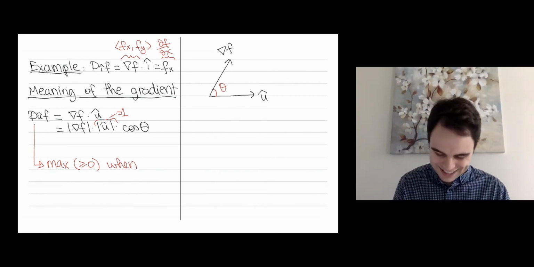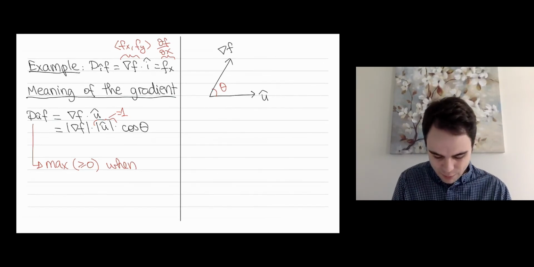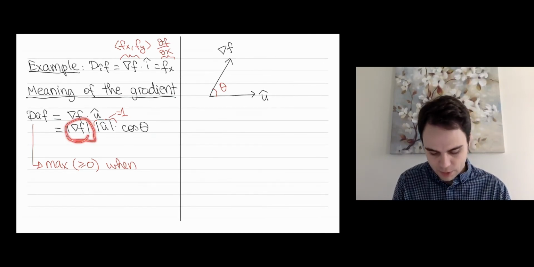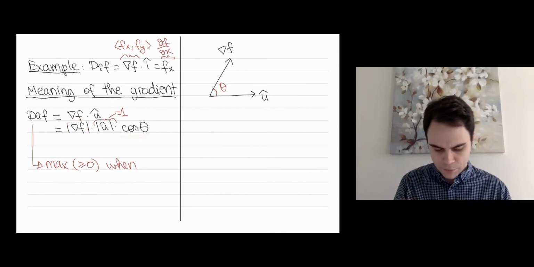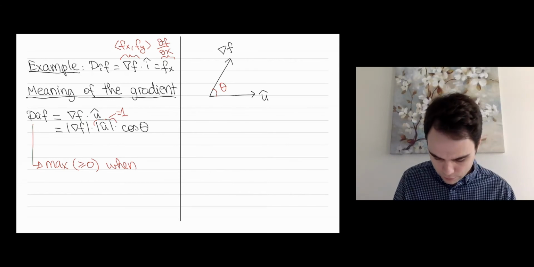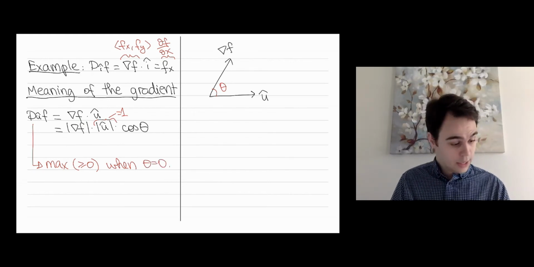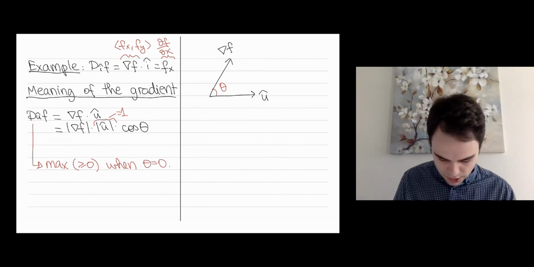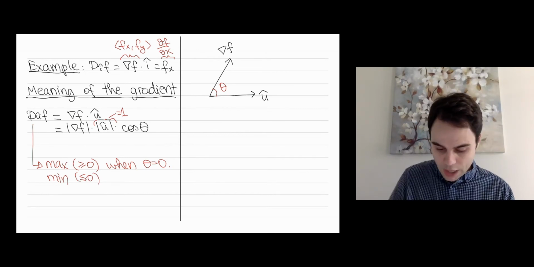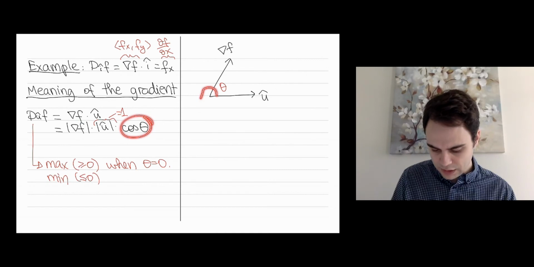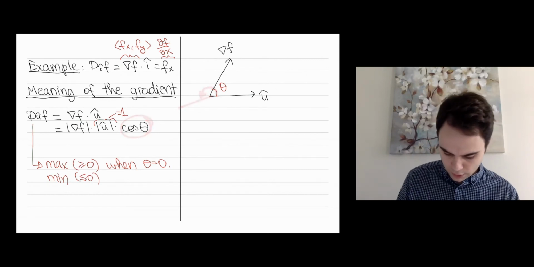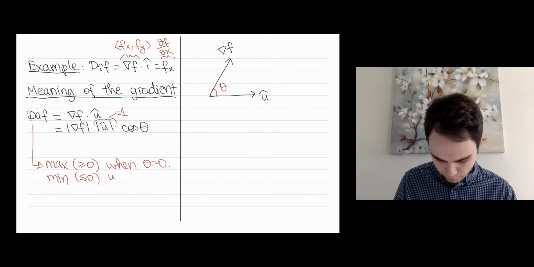When is this maximum? Well, this product, the length times the cosine, is the maximum it can be when the cosine is 1. So that is when theta is 0. It's minimum, so in this case it's going to be a non-positive number, when the cosine is -1. That is when theta is 180 degrees or pi radians.